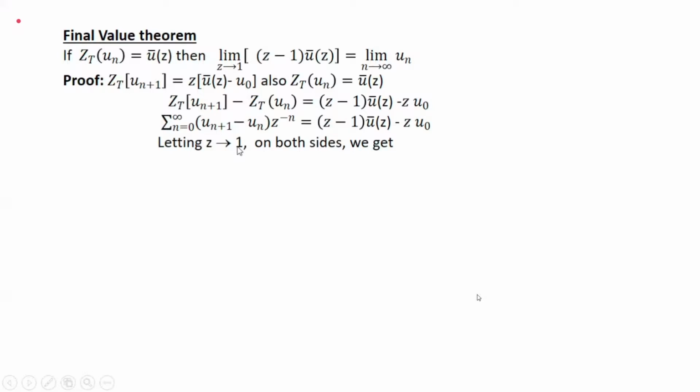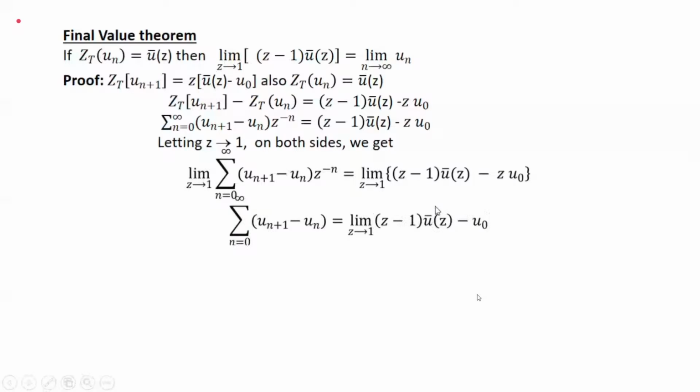So now I am letting z tend to 1 on both sides. What I get is this would be z to the power minus n, which at z equal to 1 is 1. So what I am left with is un plus 1 minus un. This is the limit that we would like to evaluate. Let it be as it is. And this term as it tends to 1 will be u naught.